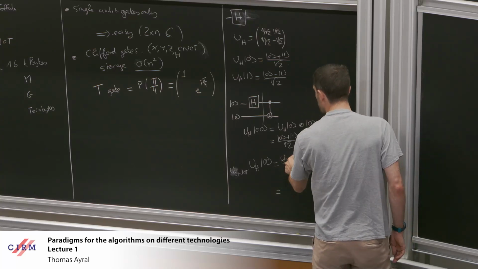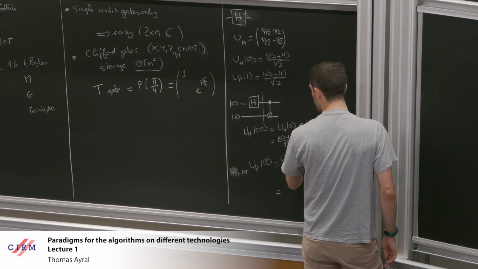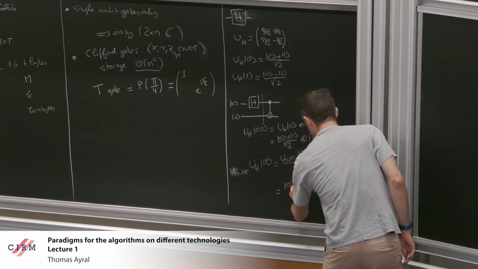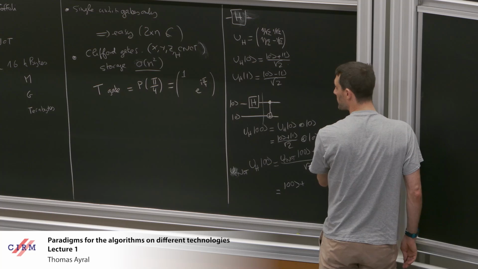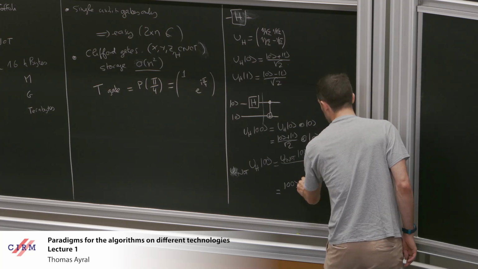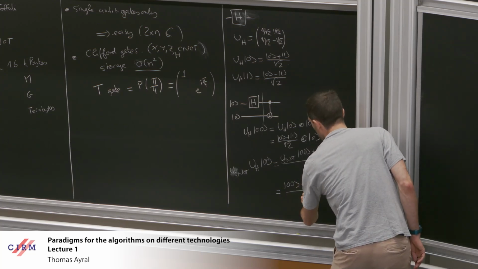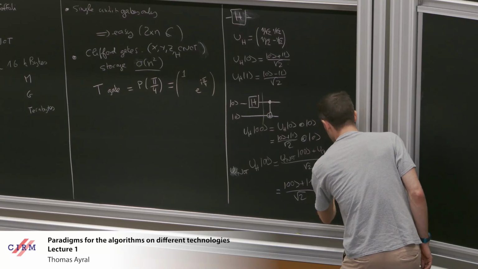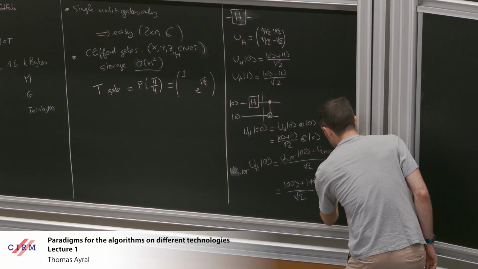Now U of C0 on 0, 0 does nothing because the control bit is 0, so I get 0, 0. And then U of C0 on 1, 0, since my control bit is 1, I flip the second bit, so I get 1, 1. And I get a state which physicists like a lot because they can get Nobel Prizes with it. It's called the Bell state.